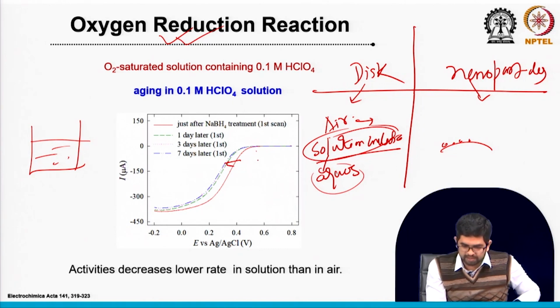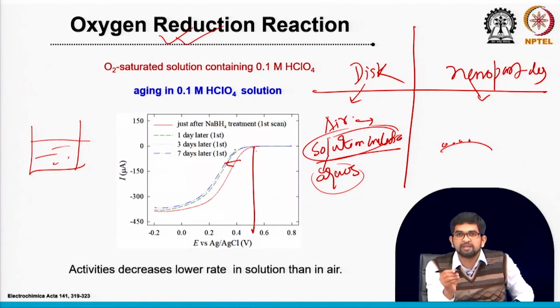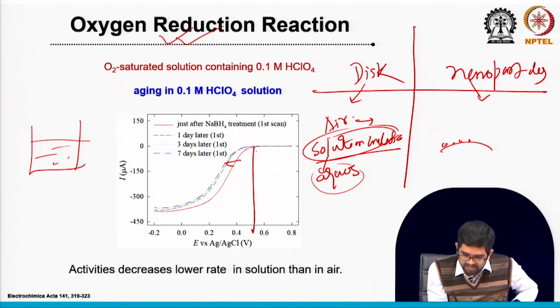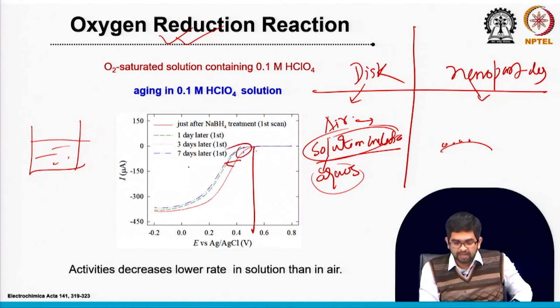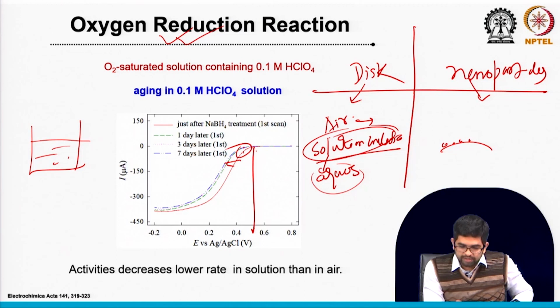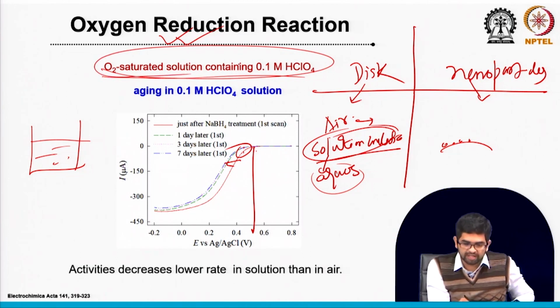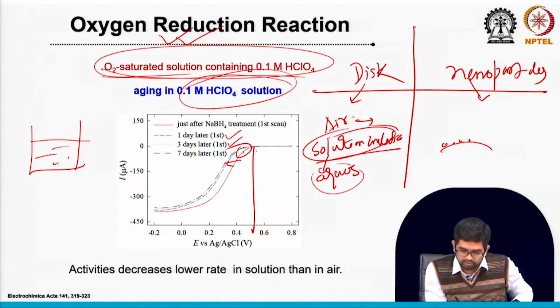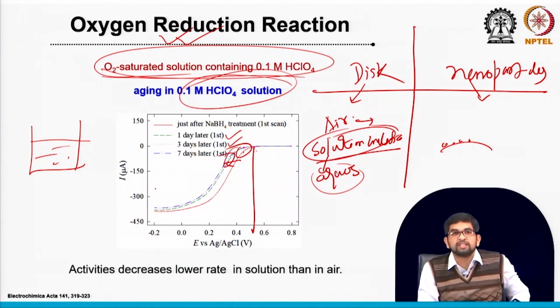Just after the sodium borohydride treatment, you can see it started here, but because of little contamination or maybe surface reconstruction, you can see it started from here. You can see a little deactivation. But when we check this in the solution stage, you can see the deactivation rate even after 1 week is so slow, almost nothing.